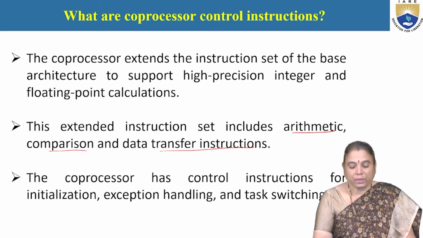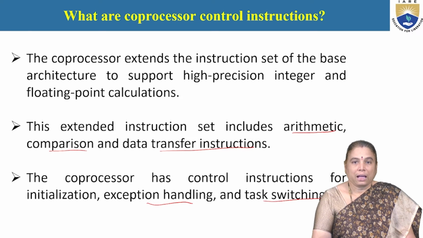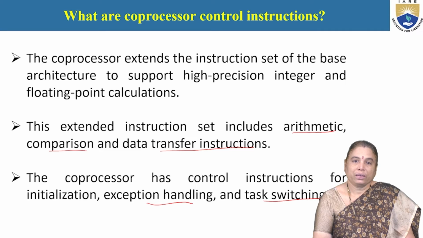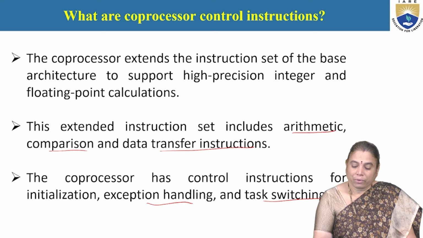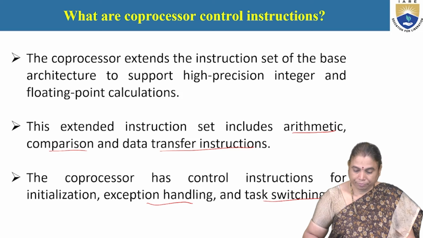The processor has control instructions for initialization, exception handling, and task switching. So they are majorly used for scientific and engineering applications. The exception handling and task switching can be performed with the help of the coprocessor extended instruction set architecture.